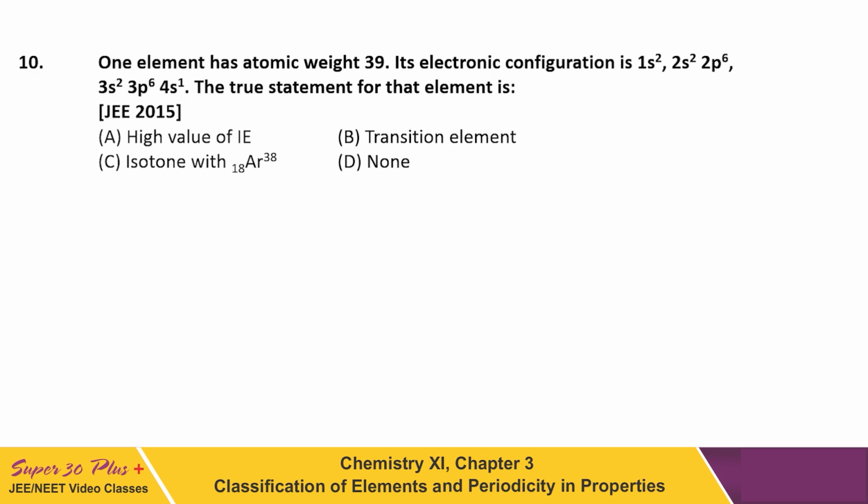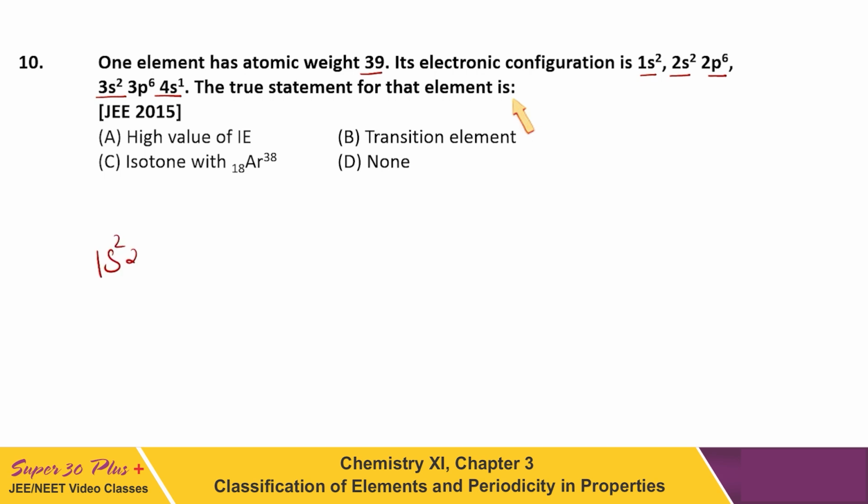Now another question. This question was there in 2015. It says one element has atomic weight 39. Pay attention. Atomic mass of the element is 39 and the electronic configuration is 1s2, 2s2, 2p6, 3s2, 3p6, 4s1. What is the true statement for that element? First we have to identify the element.